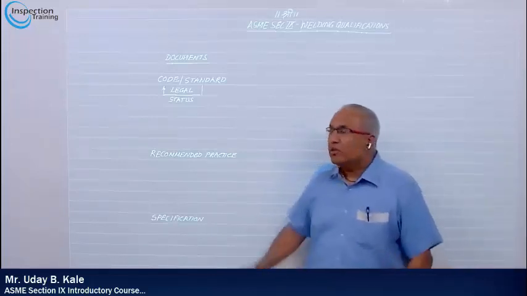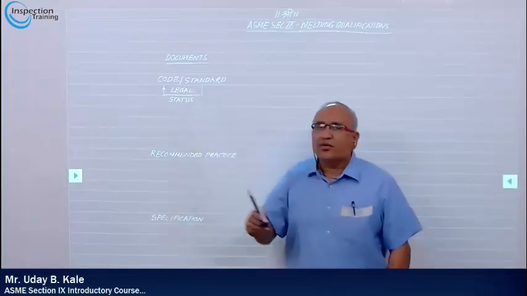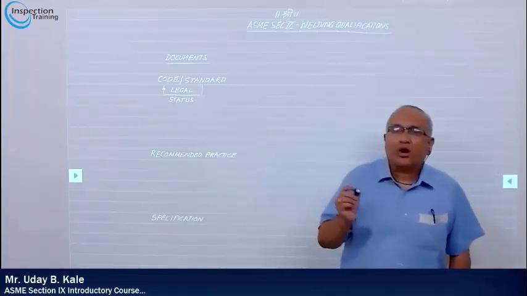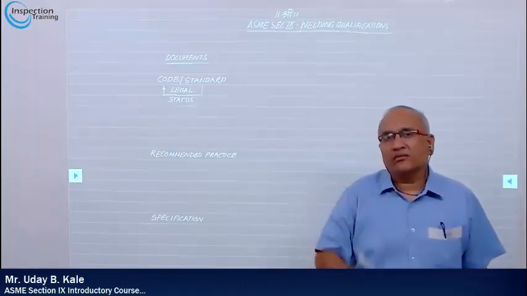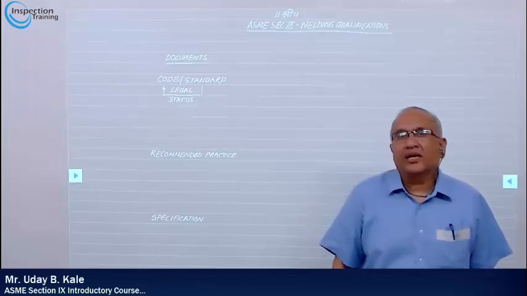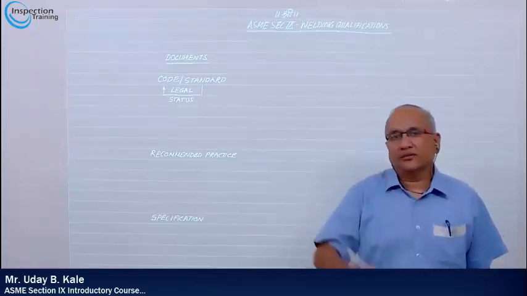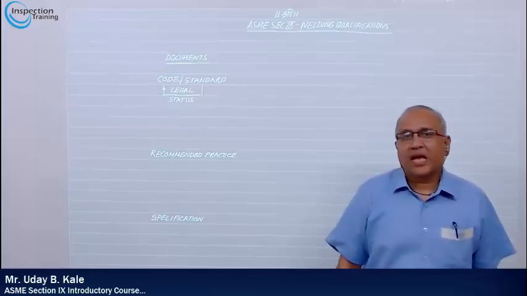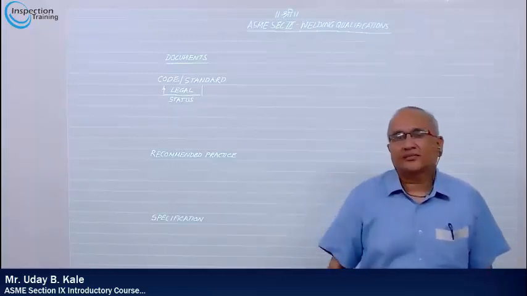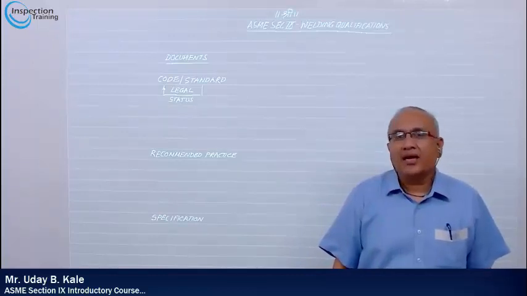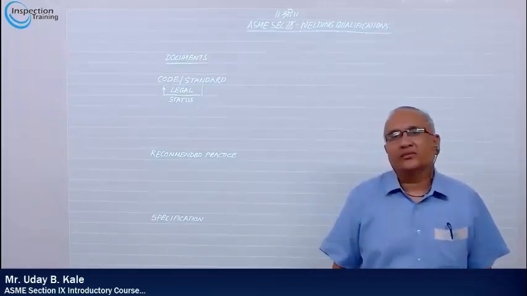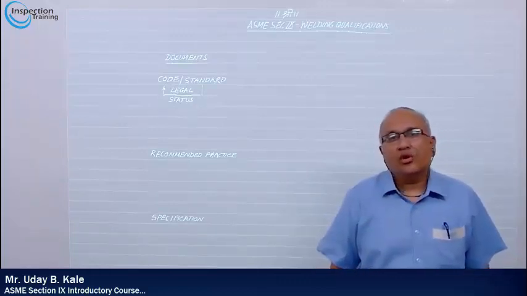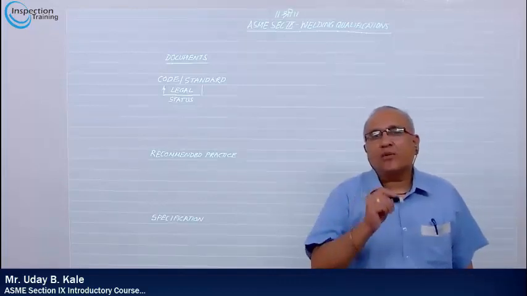So what does this code or standard give you? We will be talking in the reference of, say, a construction code. Let me say that I am going to build something, I am going to manufacture something, and that is the reason why this document is being written down. So what does this document really give you?